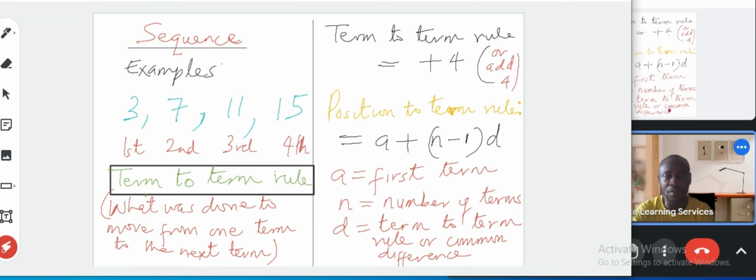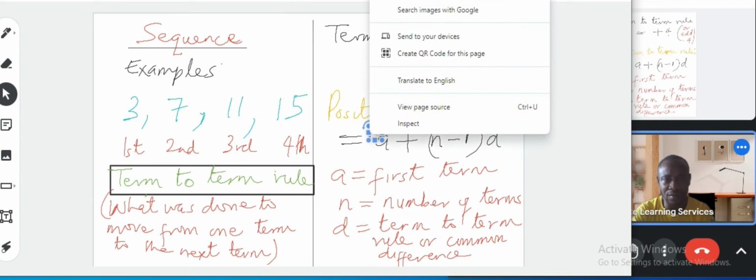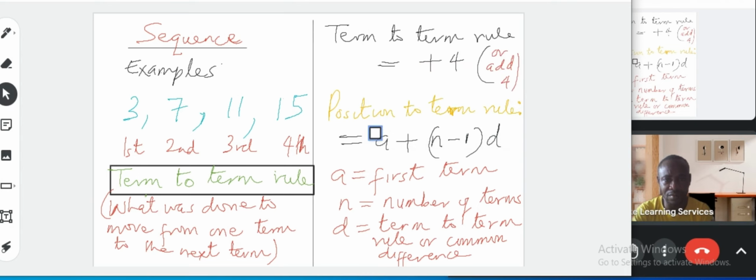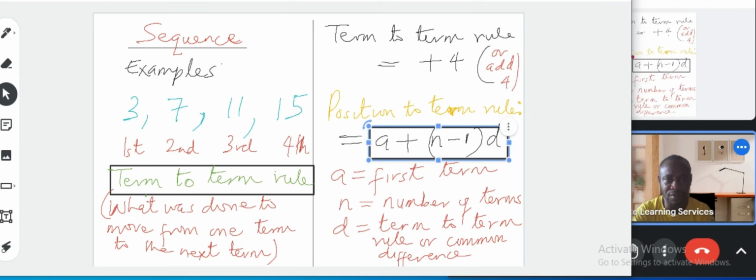So see the formula again. I'm going to put the formula in a box. Read out the formula. Read out the formula quickly. A plus bracket n minus D. This is such a confusing way.